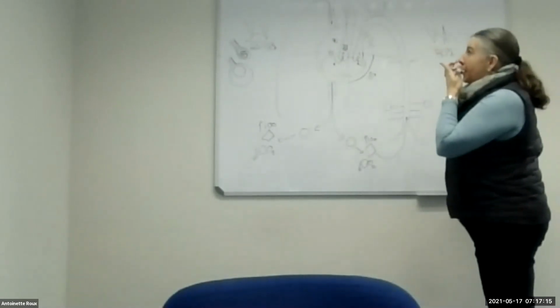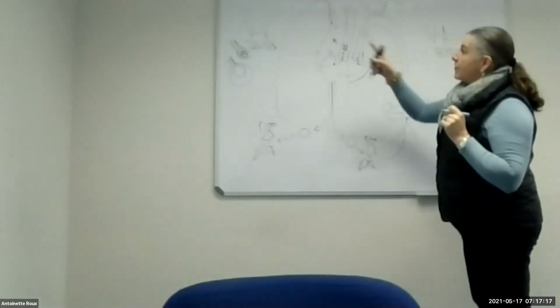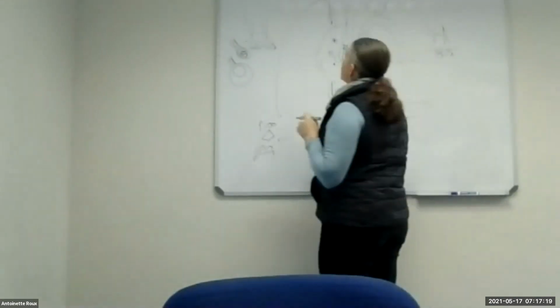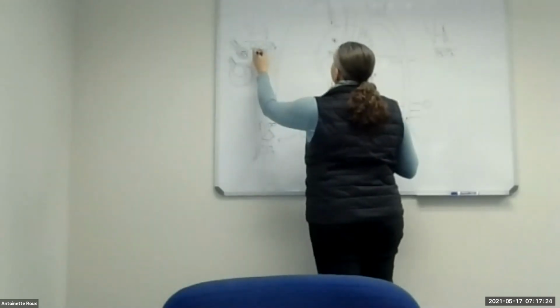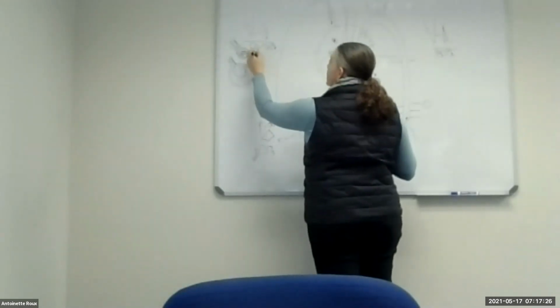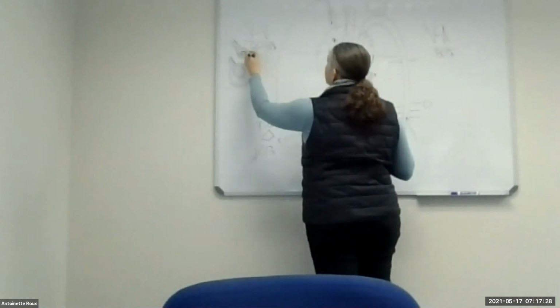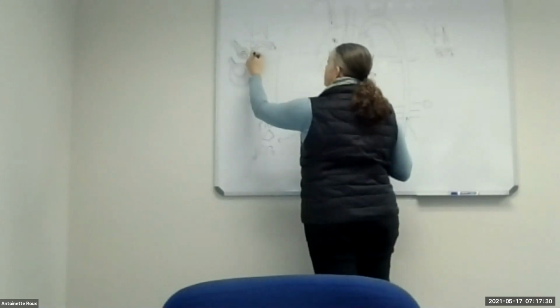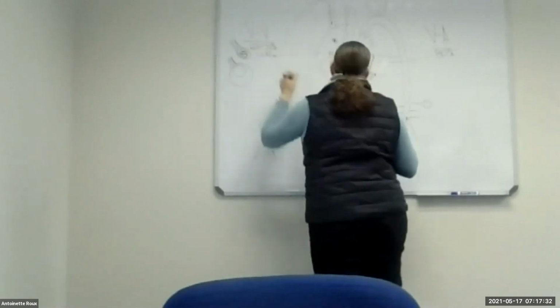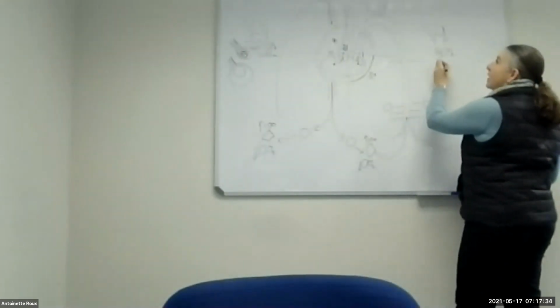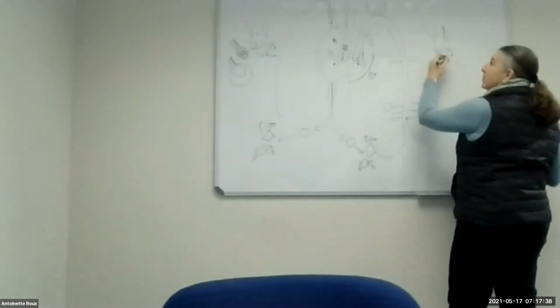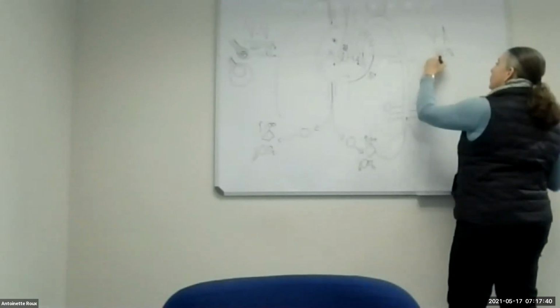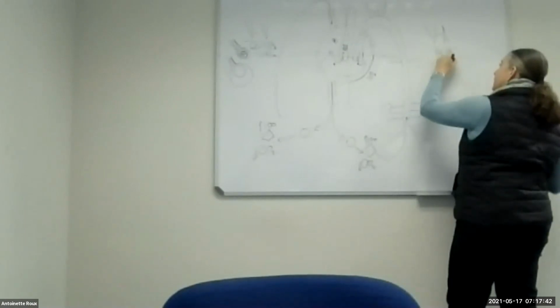So if I were to go to VV ECMO, I would start my machine up, my blood flow would be about 2.5, 2.6 liters per minute. And if I were to go to VA ECMO, 80% of that 5.2 would be something like 4 liters per minute, roughly.